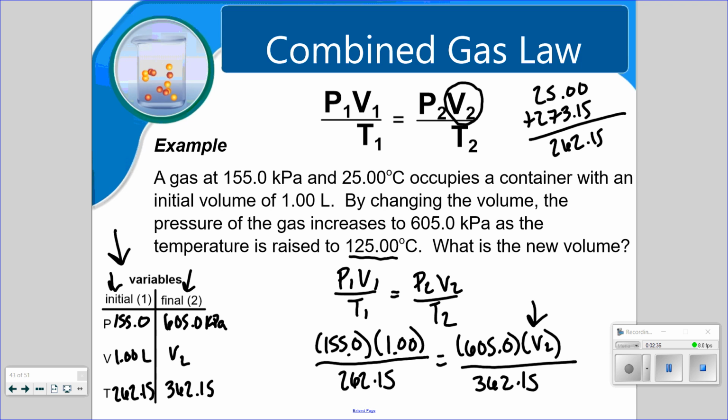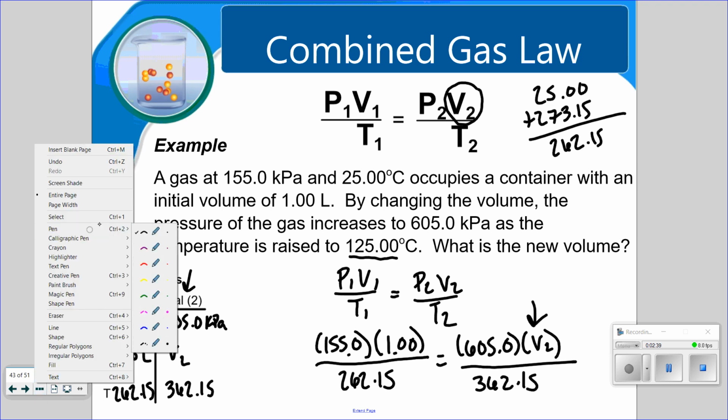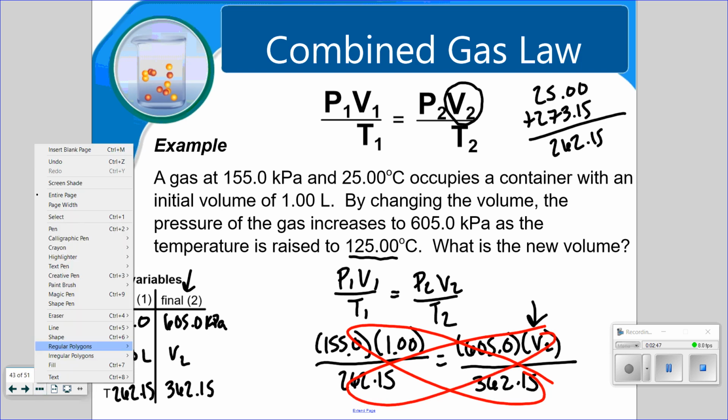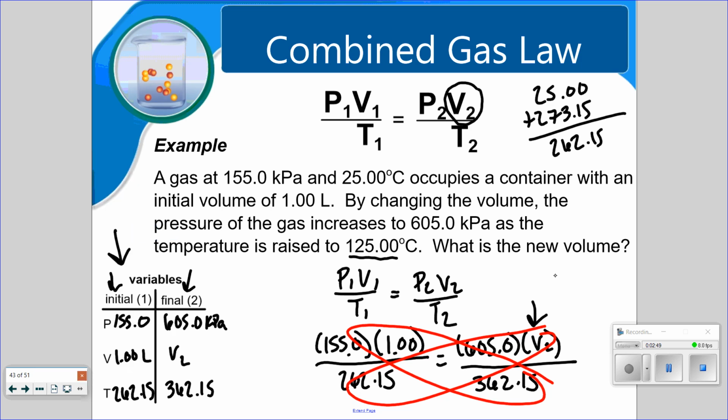I'm going to solve for V2 by doing cross multiplication. If you're not really sure of the algebra, you multiply everything here, and then divide to solve for V2. And so I get V2 as being equal to 0.3593, but I have to take it to 3 significant digits, and so it's going to be 0.354 liters, and that is my new volume of this container.